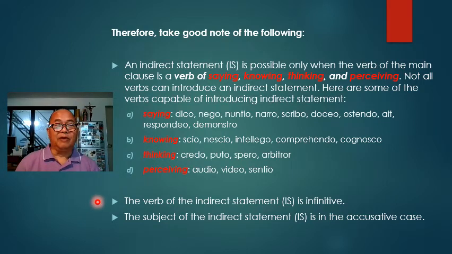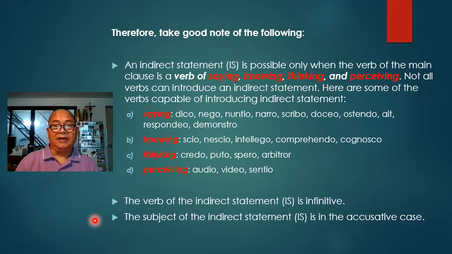You should be aware that the infinitive is also used as the verb of the indirect statement. And number three, this is very unique: the subject of the indirect statement is in the accusative case.